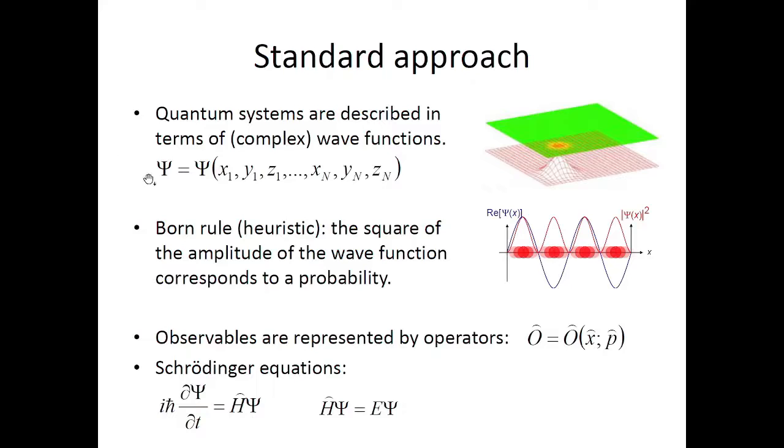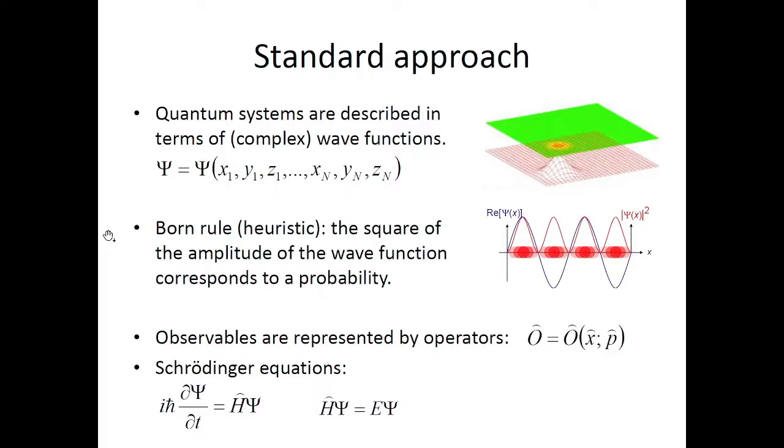So the psi function usually represents a wave function. In this particular case, the wave function is defined over the configuration space. That means that if we have, let's say, n particles, this psi function, the wave function, is going to depend on the position of every particle in the system.